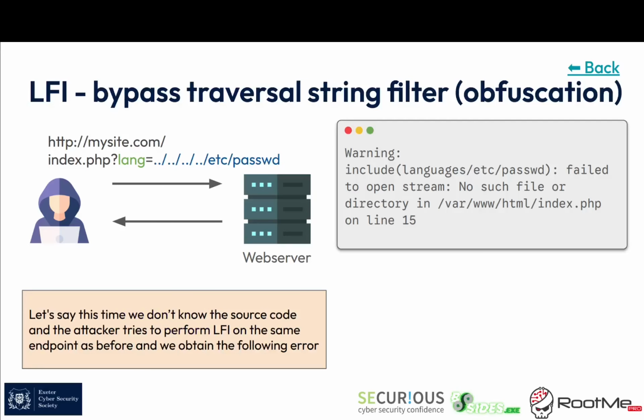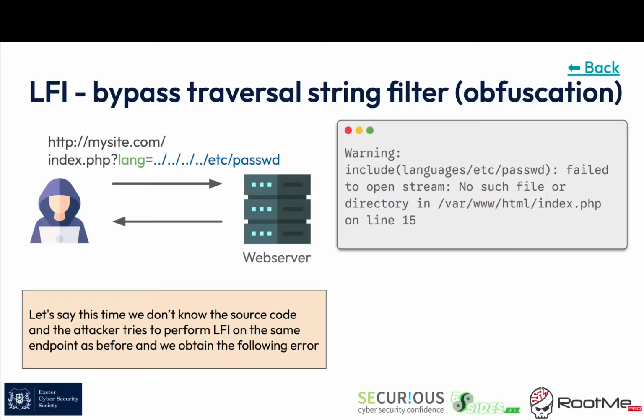Okay. Now let's say we're doing some black box testing, and I enter this exact same payload as the scenario just now, but I get this warning. It says here, include languages etc password failed. You might see a clue here: compared to my payload, all of the ../ have been stripped out.